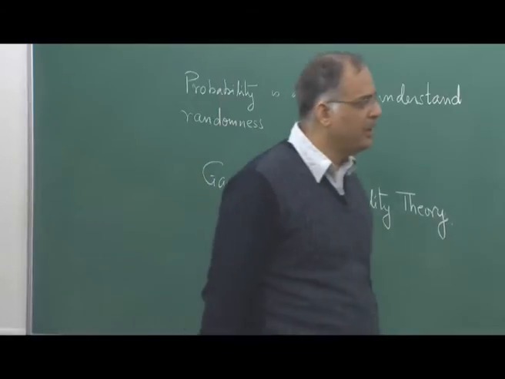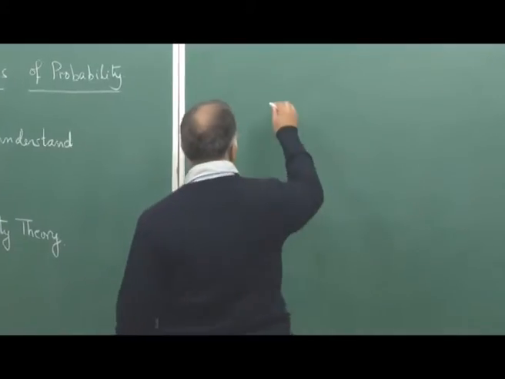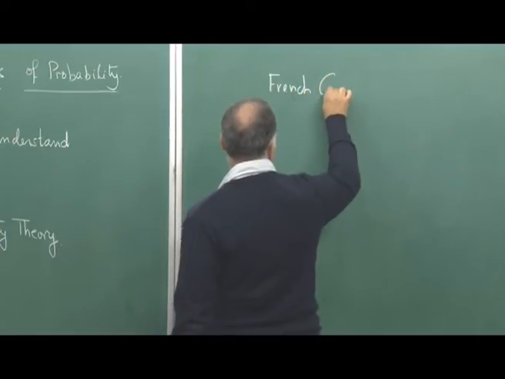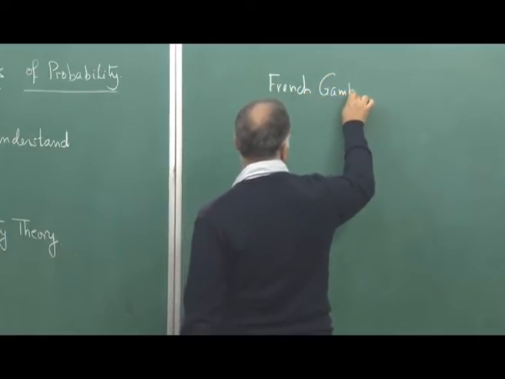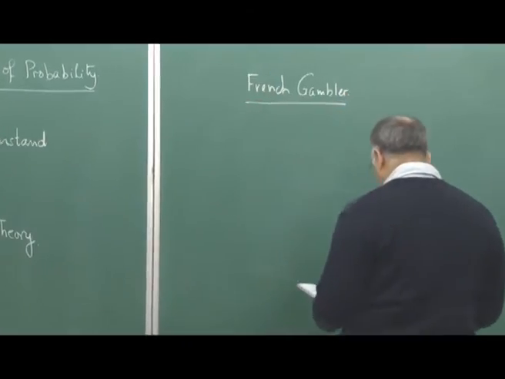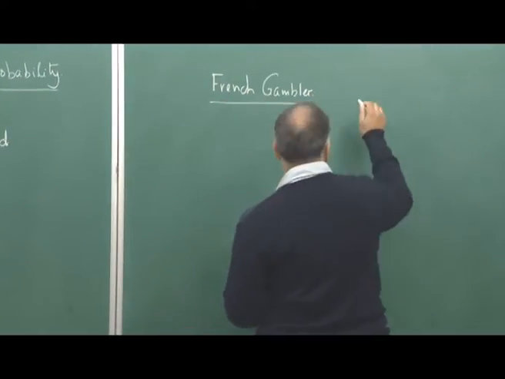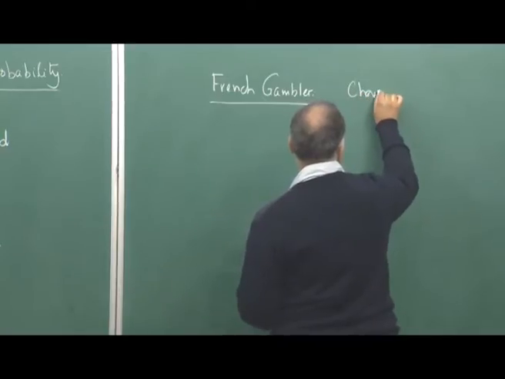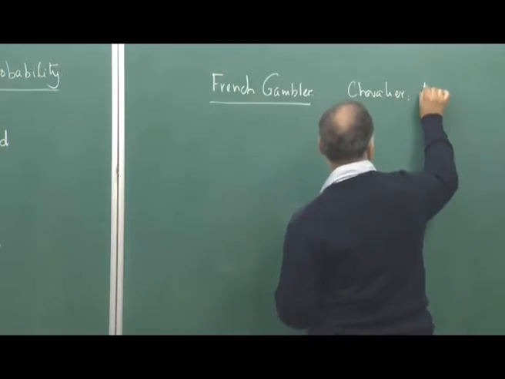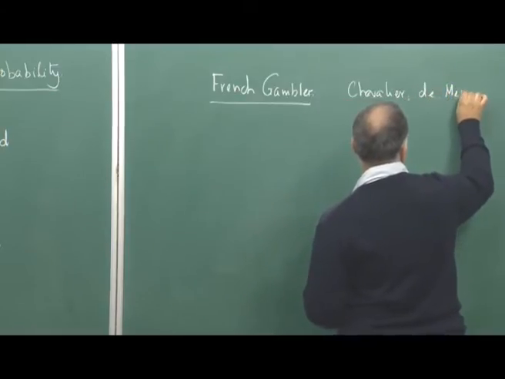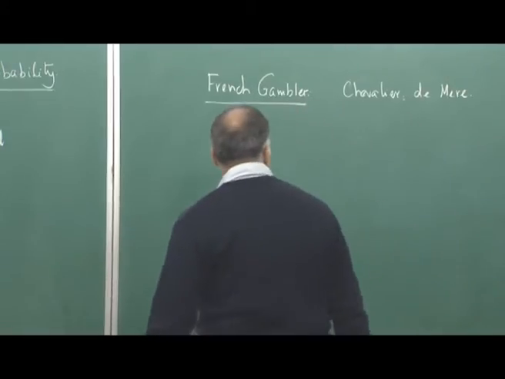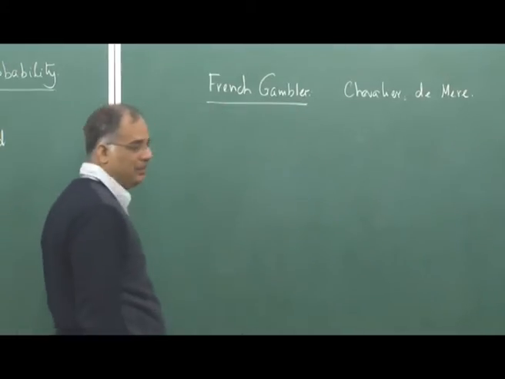There was a very famous French gambler by the name of Chevalier Nemo. He had a mathematician friend called Blaise Pascal.